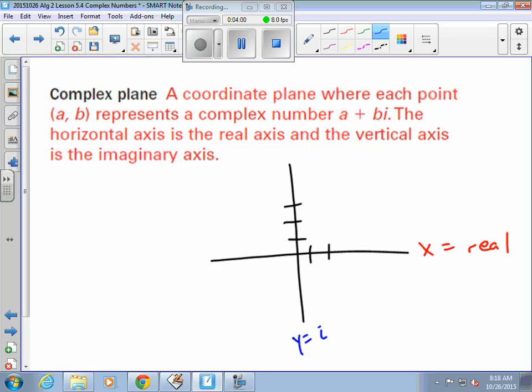So a plus bi, if we go back to the same one I said a second ago, 3 plus 4i, this is your real value, and this is your imaginary value. So you would go 1, 2, 3 to the right, and 1, 2, 3, 4 up, and the plot would go right there. This is x, this is y, 3, 4. Very, very, very simple concept, complex planes.